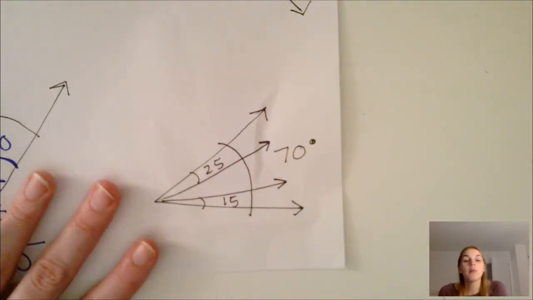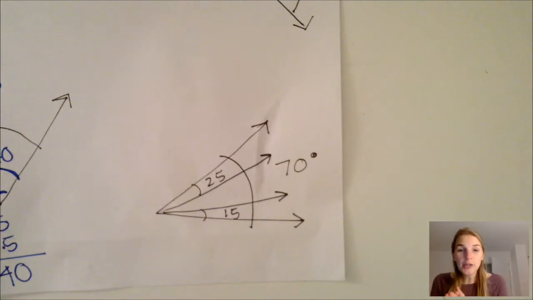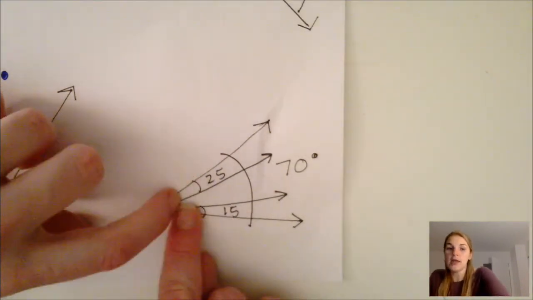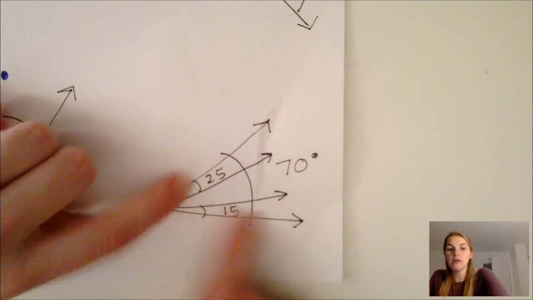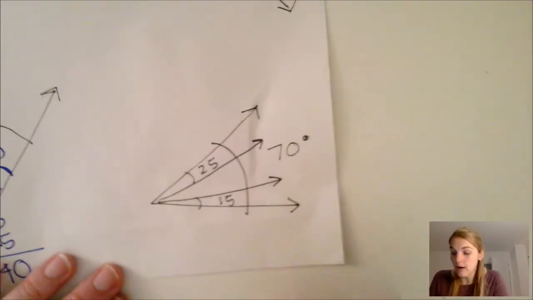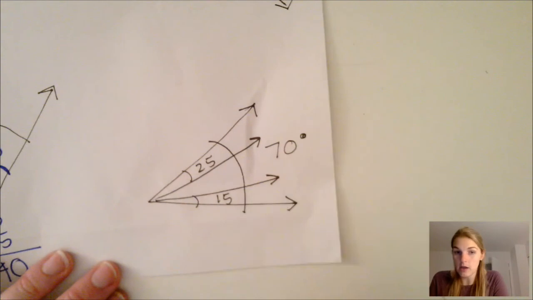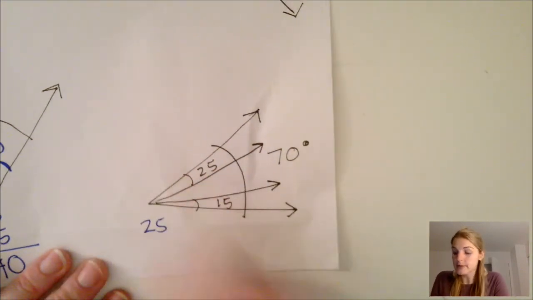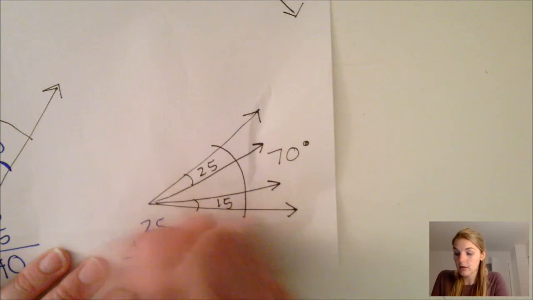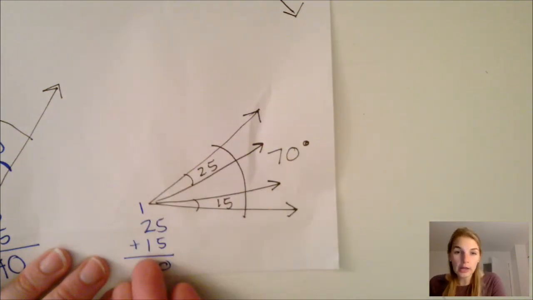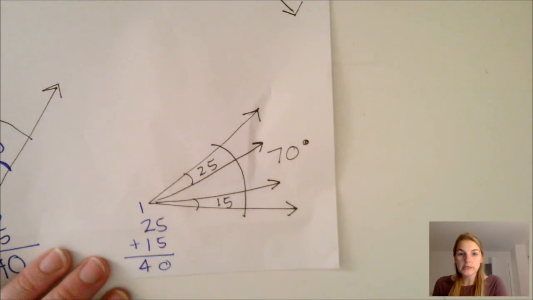So let's see. Remember we talked about how we're going to add what we do know. We do know that these two angles together right here would be added up because that would help us figure out what this piece is right here. So if we have 25 plus 15, that would mean that we know 40 of the 70 degrees.